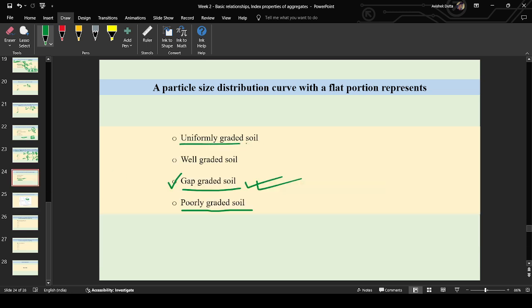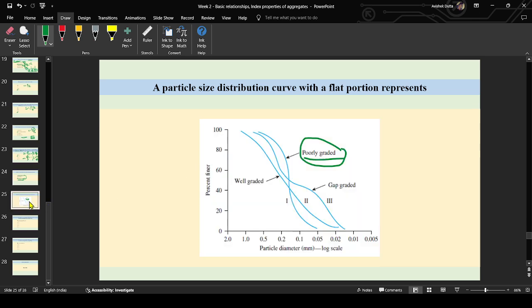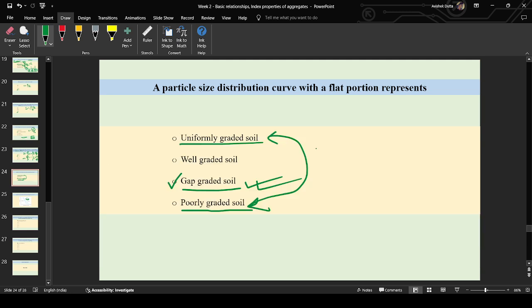Uniformly graded soil and poorly graded soil are used interchangeably in standard books where I have obtained these terms and this diagram.